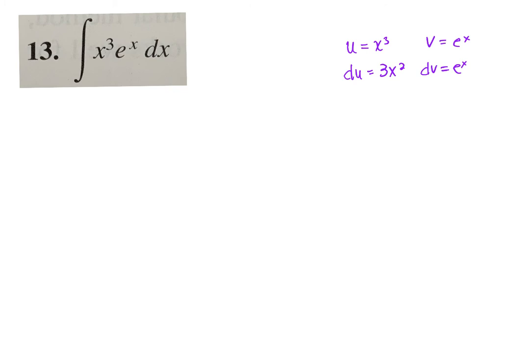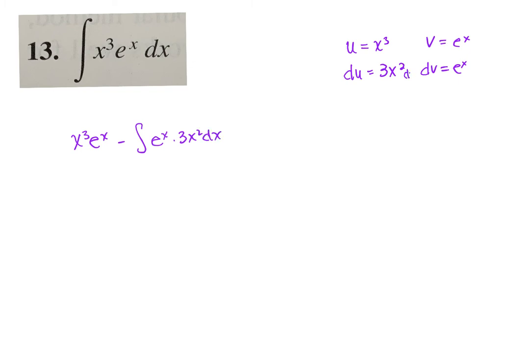And then of course I do uv minus v du. So I'm going to say x cubed e to the x minus the integration of e to the x 3x squared dx.